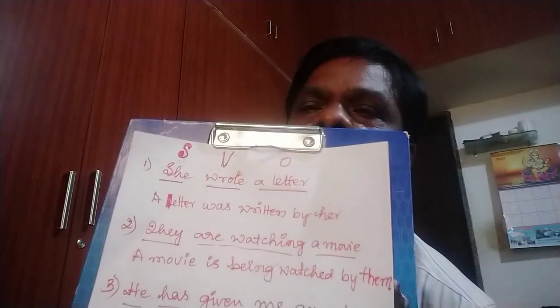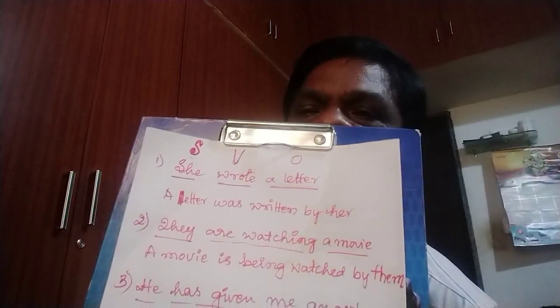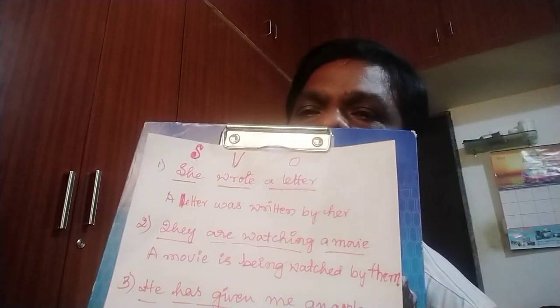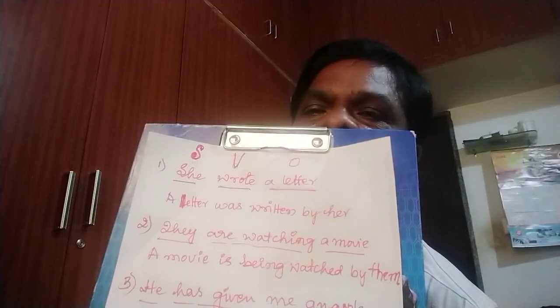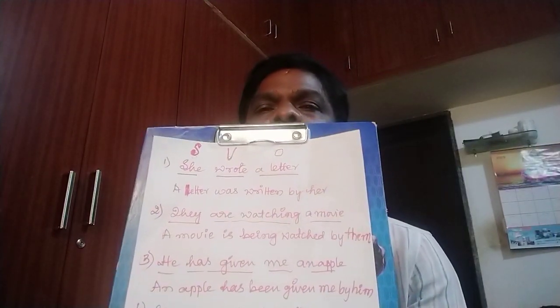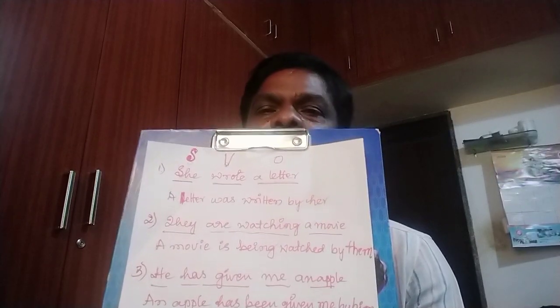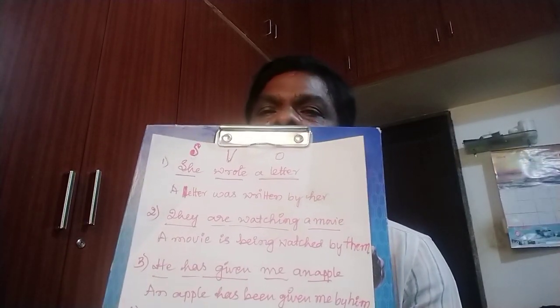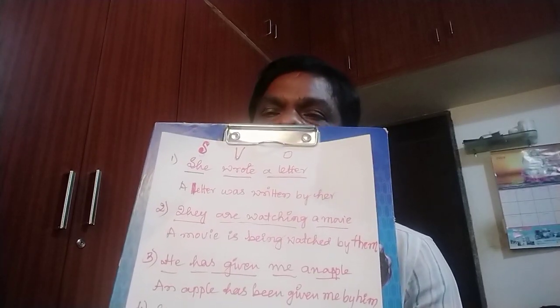Students, you can find out in this sentence, she wrote a letter. She is the subject, verb is wrote, object is a letter. Whenever you are going to change from active to passive, you have to exchange subject and object in passive voice.